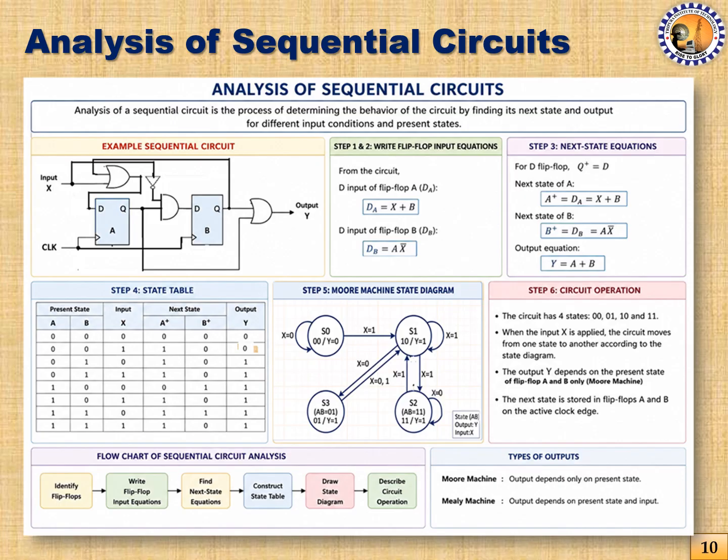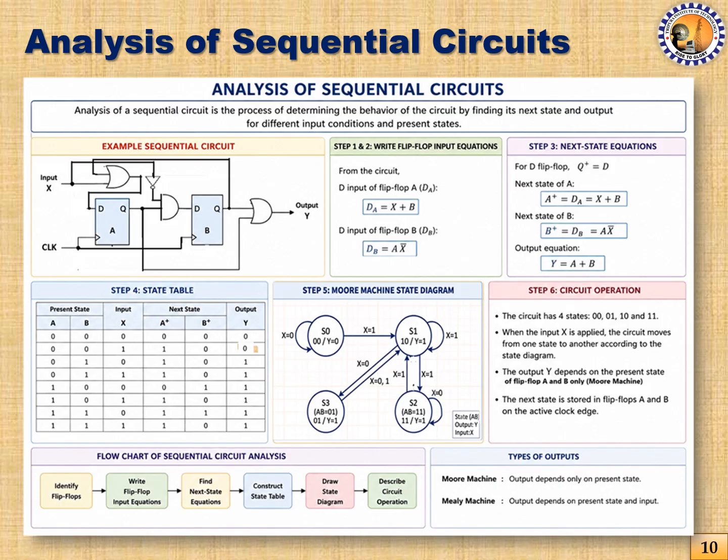This OR gate receives two inputs: one is the output of the second flip-flop and the other is the output of the first flip-flop. There is no direct connection between the input X and the output logic. As a result, you can say that this is a Moore state machine.